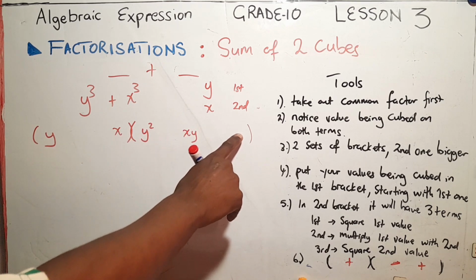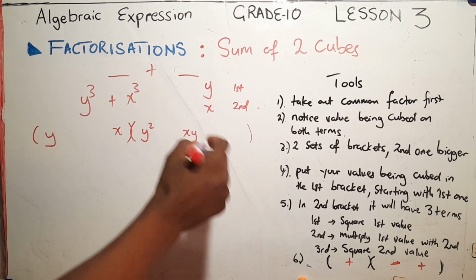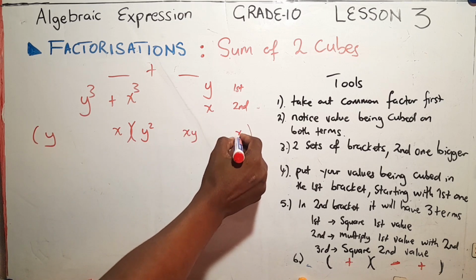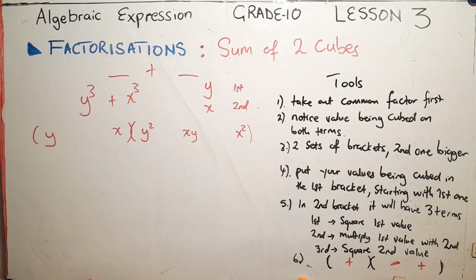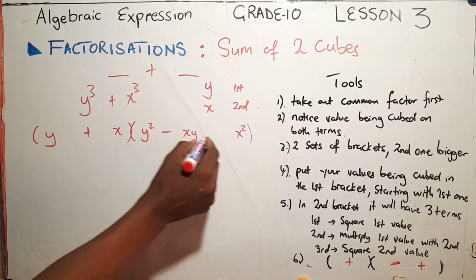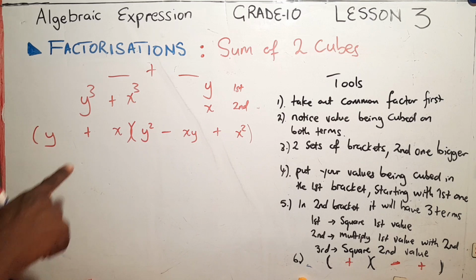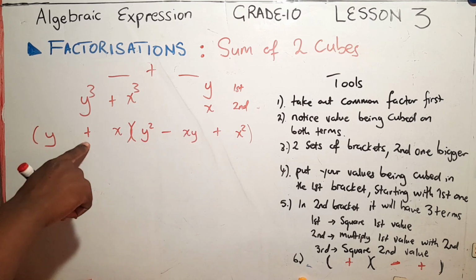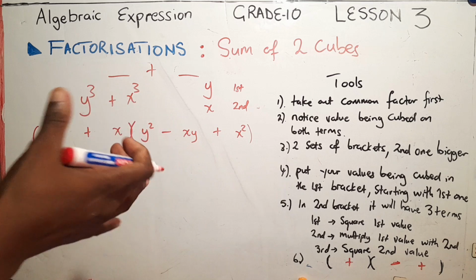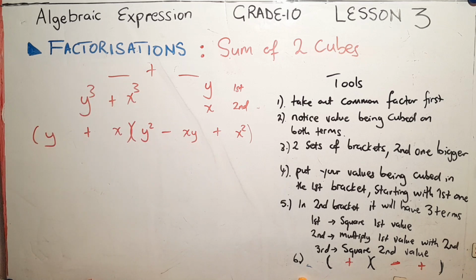And to get the third term there, we square the second value, so x squared. And now the signs here, there will be plus, minus, plus. On the difference between two cubes, we put minus, plus, plus, and now it is plus, minus, plus. If you can just master that, you'll be very, very okay.